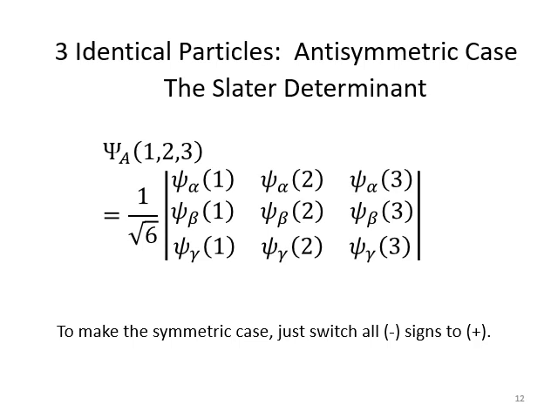And when we are finished taking the determinant, we have constructed the antisymmetric wave function. And then to make the symmetric wave function, we just switch all the minus signs to plus signs after we've taken the determinant. And this works for larger dimensionality. Still complicated, but easier to remember, at least. And easier to remember that we're talking about what's called the Slater determinant.